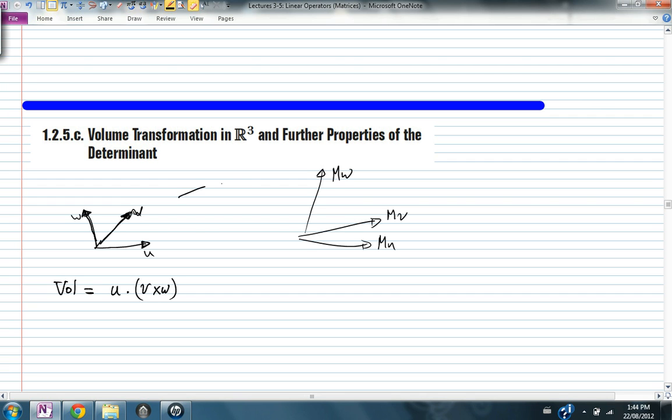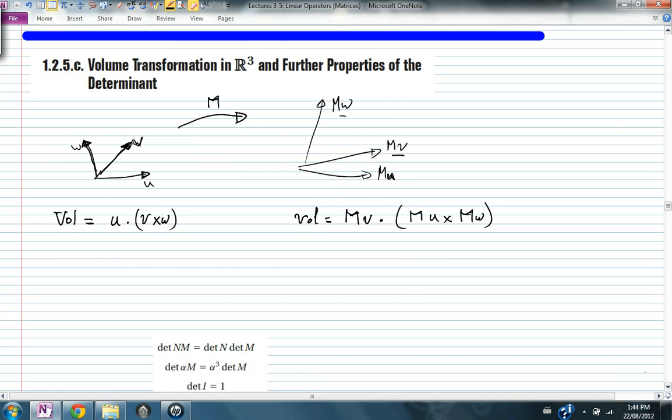If I have a matrix M, the matrix M takes u and gives me Mu, takes v and gives me Mv, takes w and gives me Mw. So I have three new vectors. The new volume is equal to Mu dot Mv cross Mw.